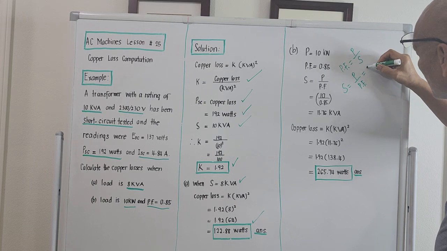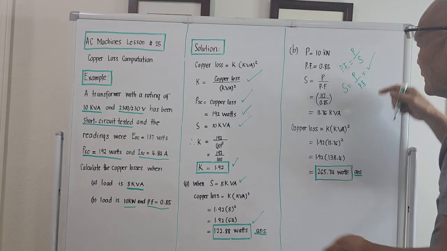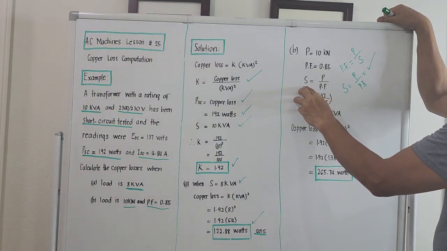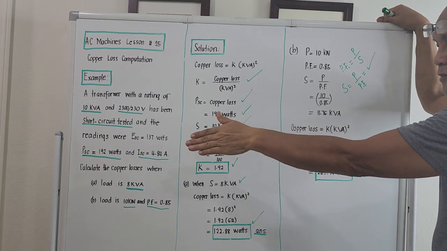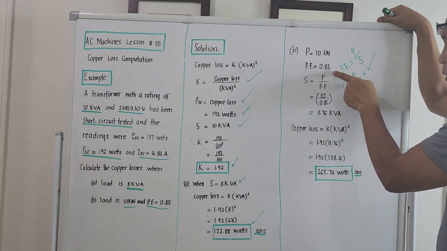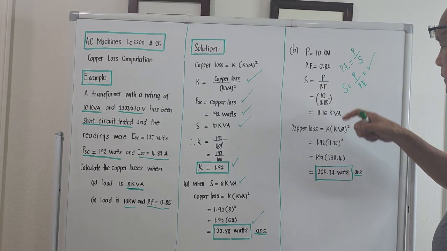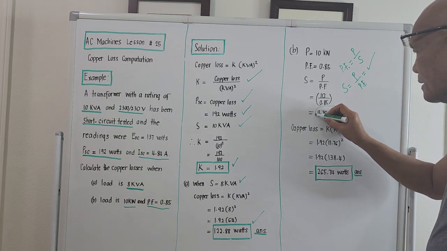So this is actually the one we need, the right formula. So I place it here. The new apparent power, the percentage of loading that is given on the last part, will be the true power over power factor. So this should be 10 over 0.85, and this is 11.76 kVA.